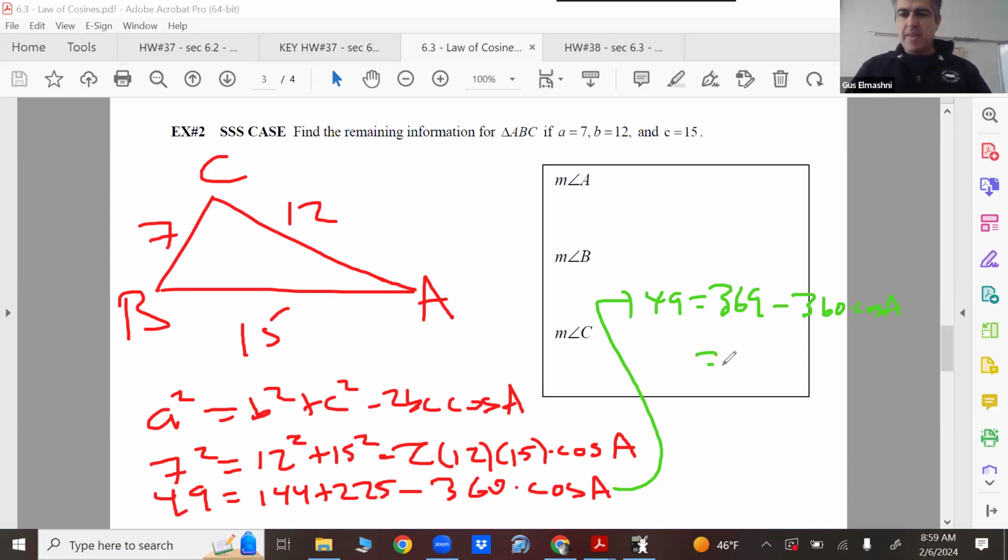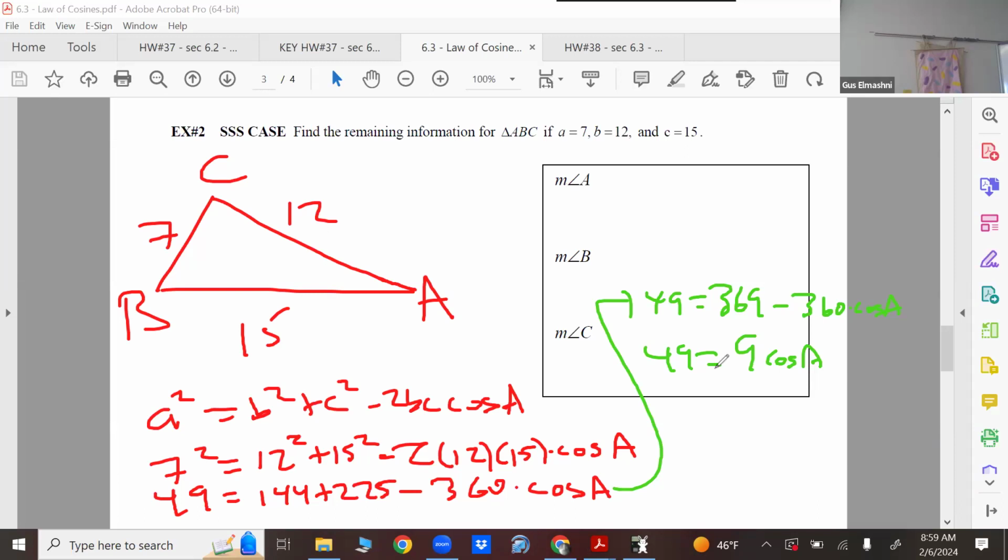What I'm doing is bad right now. And then they'll do 369 minus 360. You see what I just did wrong, guys? What did I do wrong? I just messed up the order of operations, didn't I? Because 360 is being multiplied, we have to do the multiplication before the subtraction. You're going to get a wrong answer.